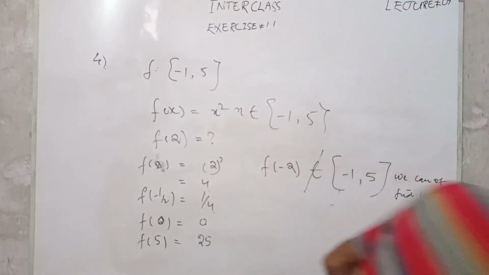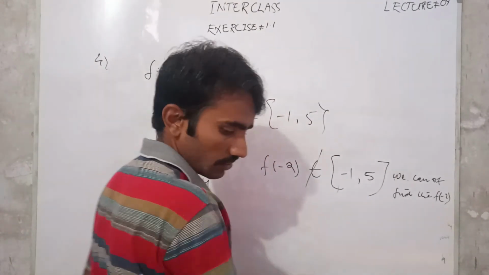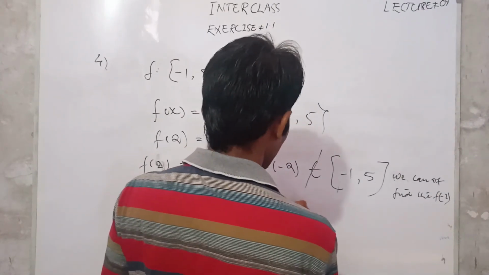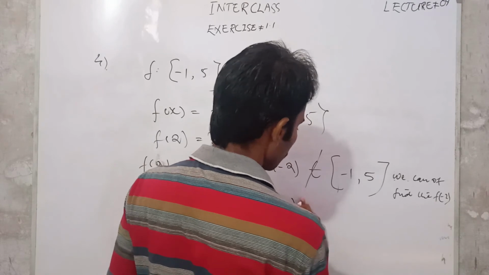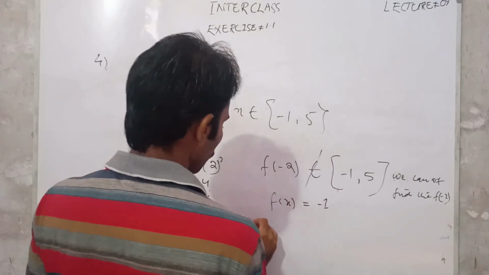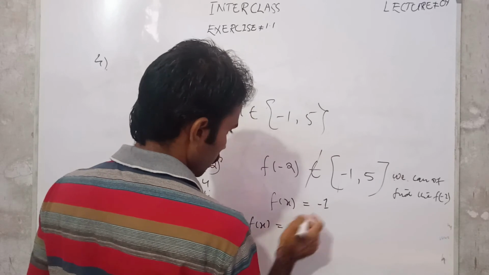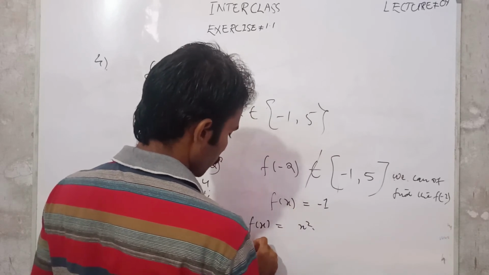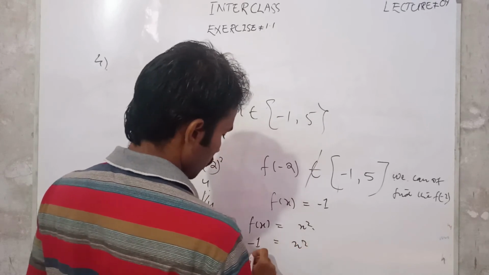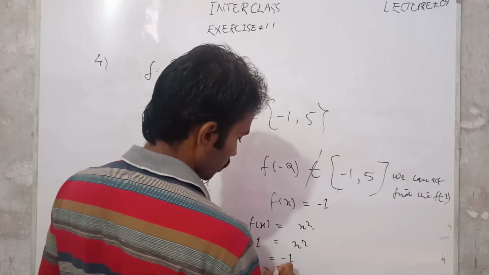Now we will find the given condition: f of x is equal to -1. Okay, so f of x is equal to x square and f of x is equal to -1. So x square is equal to -1 and x is equal to under root -1.